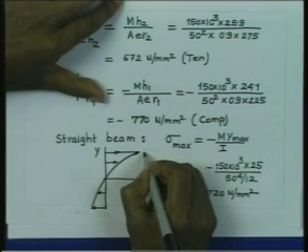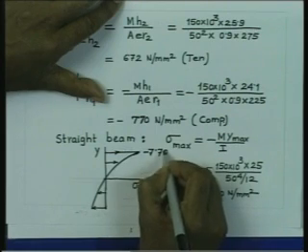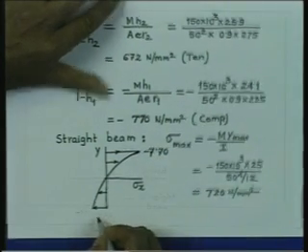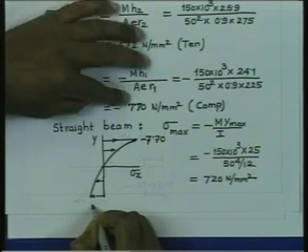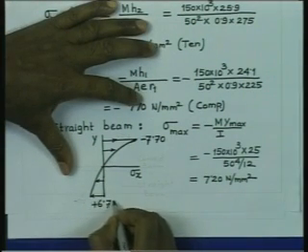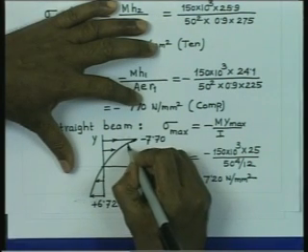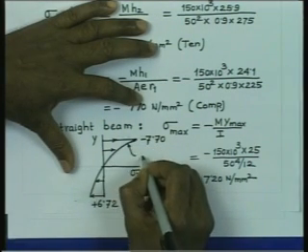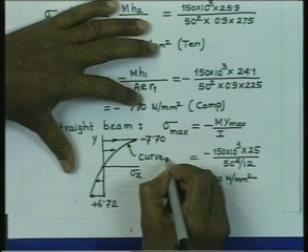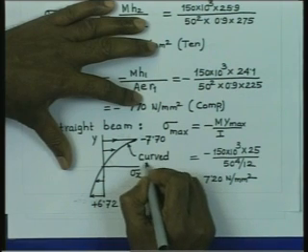The magnitudes are 7.70 Newton per millimeter square, and this one is plus 6.72. So, this is the curved beam formula.